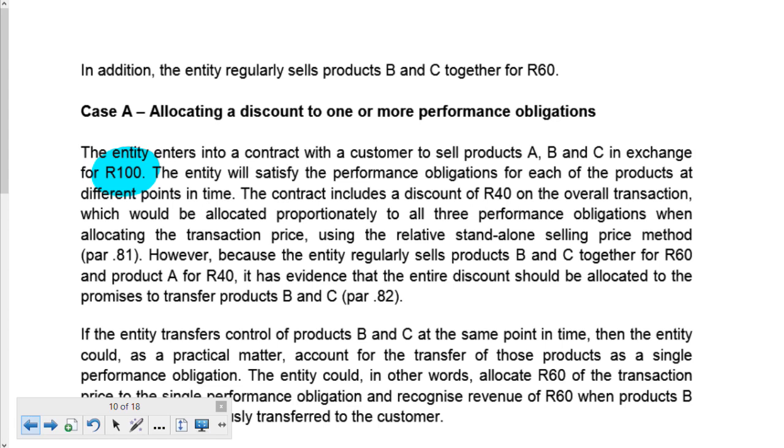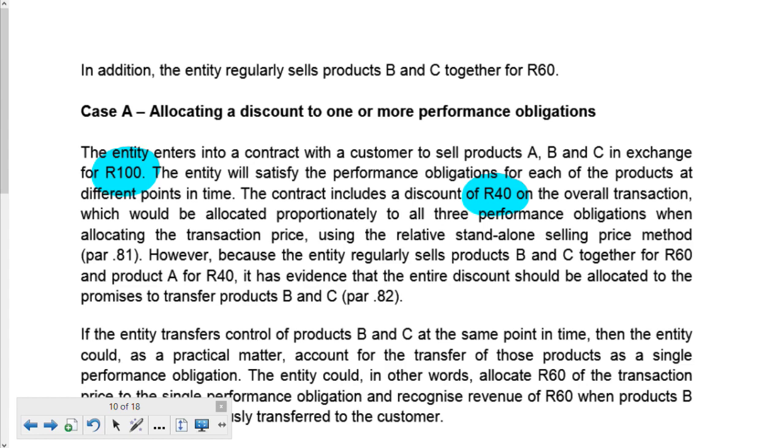So there's a discount of 40 Rand that we need to allocate between A, B, and C to get the price allocated correctly. The first option always is to use market values to try and allocate that price. If they hadn't said anything about B and C being sold together, we would just take those market prices and proportion the 40 Rand.